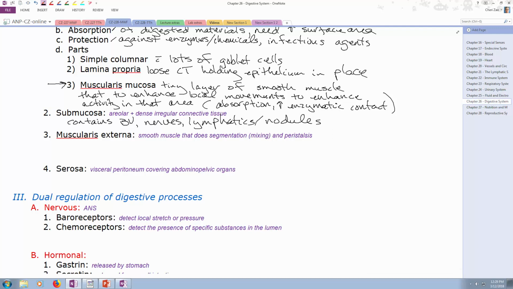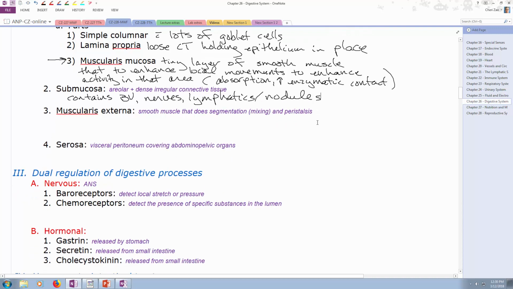And then muscularis externa, the smooth muscle that is, and we call it muscularis externa because we have a muscularis mucosa. So we want to make sure that we have a proper distinction. But this is the bulk of the muscle of the digestive tract. Indeed, smooth muscle that is responsible for segmentation of the small intestine and peristalsis actually throughout the digestive tract. We have an outer longitudinal layer plus an inner circular layer.